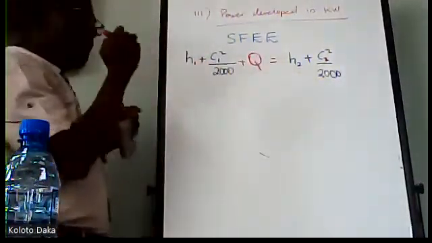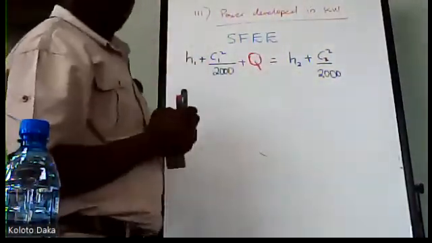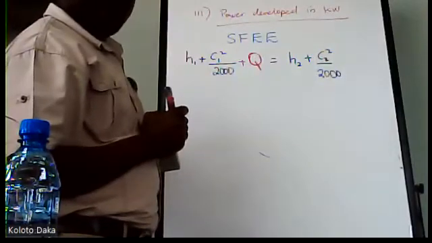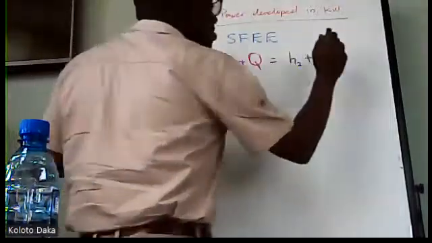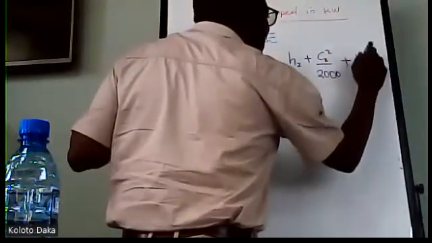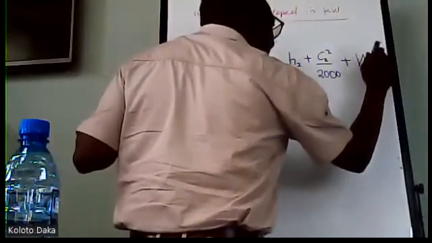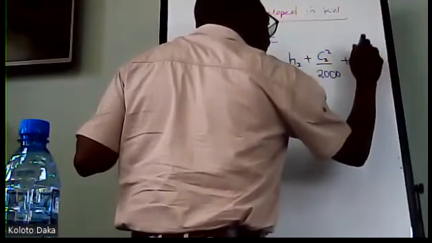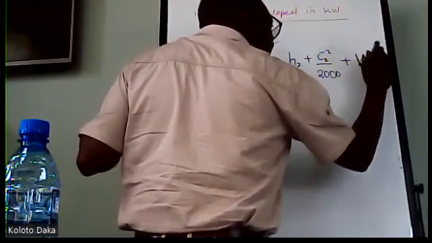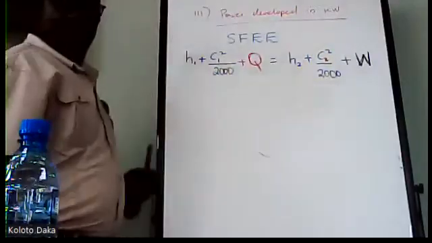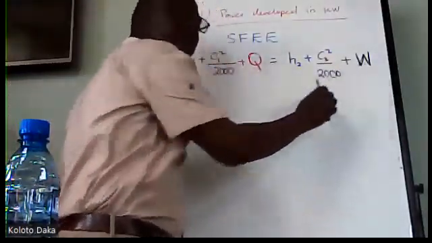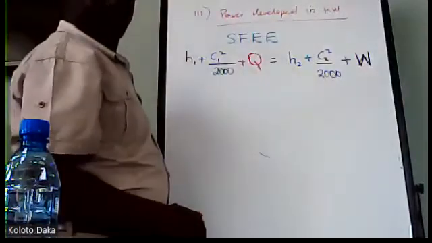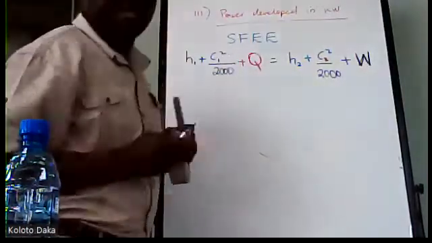So heat will always be on the left-hand side. Why are we adding heat? So that it can produce work. So we add heat to produce work. That's from the energy equation.